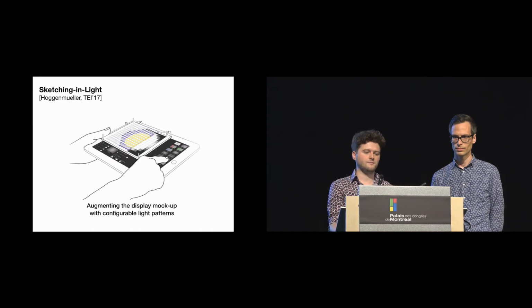Finally, there's an iPad used as a backlight source, but also to augment the physical display mock-up with dynamic lighting patterns. We also presented this work last year at TEI, so if you need more information about the technical aspects, you can look there.